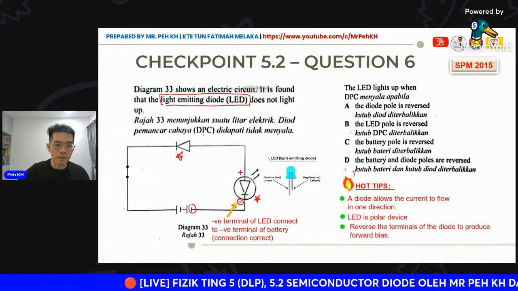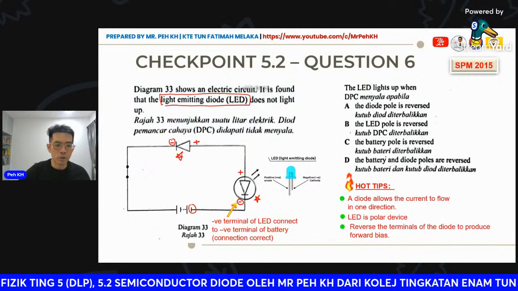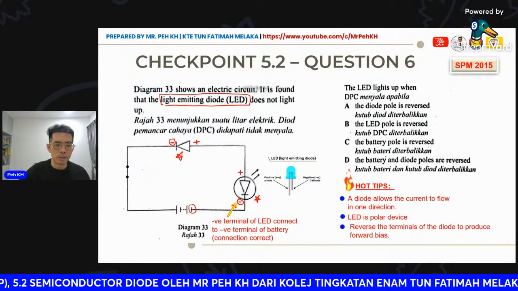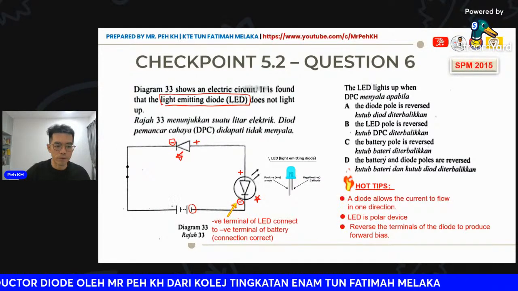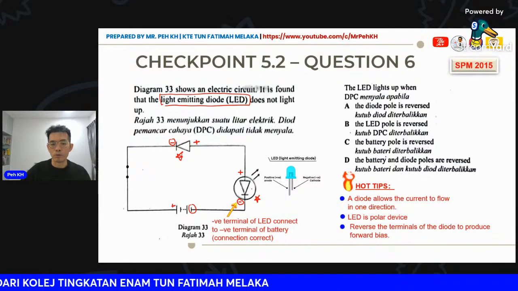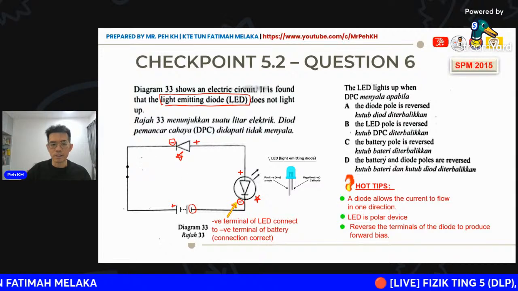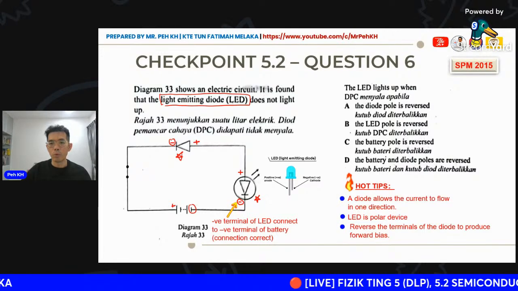Here this will be negative and here will be positive. So the negative terminal of the diode is connected with the positive terminal of the battery, which causes the LED to be unable to light up. So we have to reverse the poles of the diode.